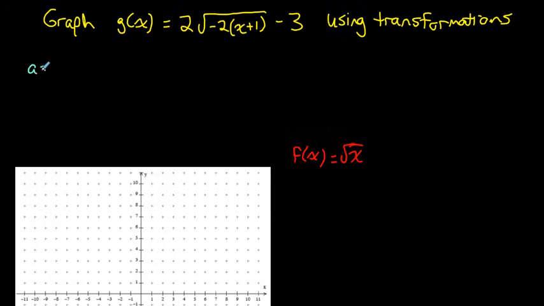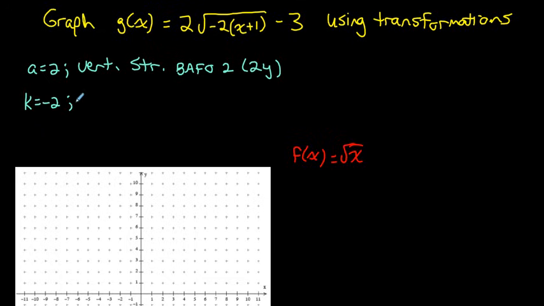So the a value was 2. That does a vertical stretch by a factor of 2. So what happens is that doubles all the y values. Our k value is -2. That does a couple things. Since it's negative, that does a horizontal reflection.